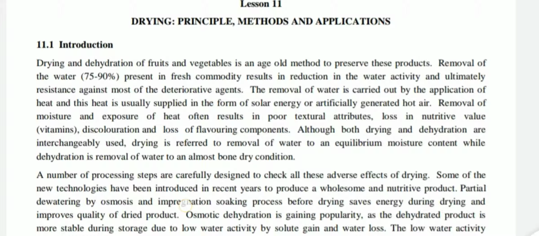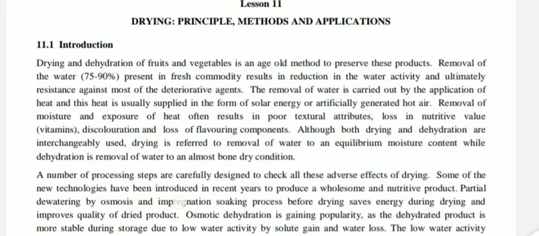Means if one tomato is there and above 90% moisture content is in it, it will try to equilibrate with its environment, the outside air. So whatever the moisture content of the outside air, it will try to be equal to it.